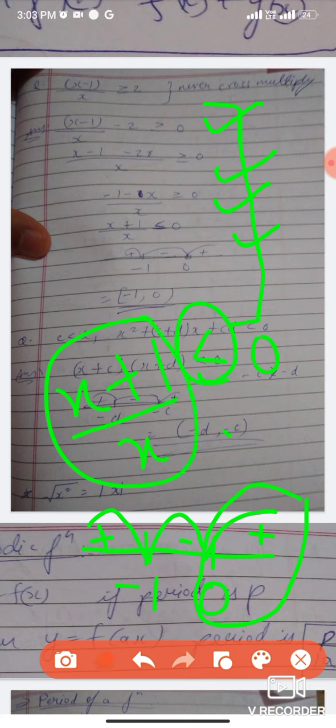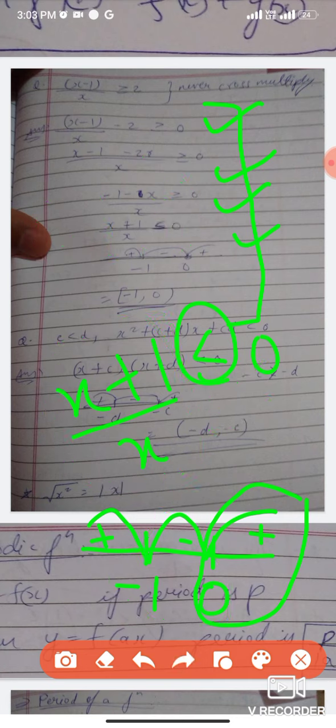But in this case this value is less than 0, so you will take the values on the minus corridor. So this is -1 including -1 to 0, and 0, as we discussed, cannot be the value of x because it will become undefined. So we will make an open bracket and this will be the answer for x.